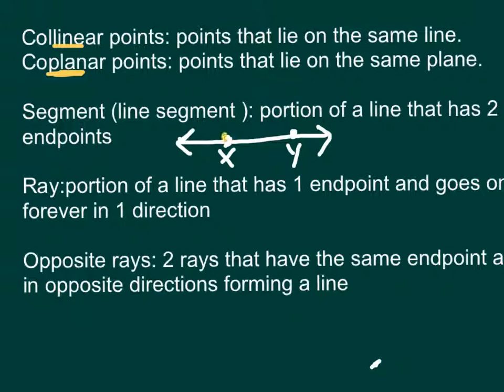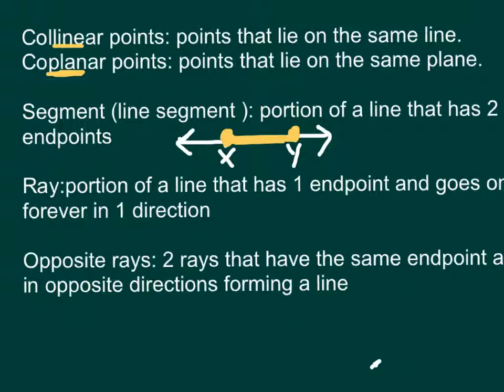We only want from X to Y. It is just this portion right here. That's the only piece that we want. So that is a line segment. We have a definite start and stop point on this.